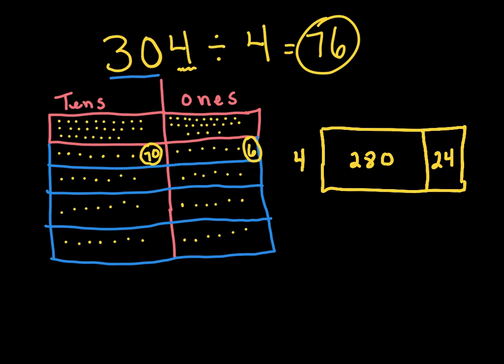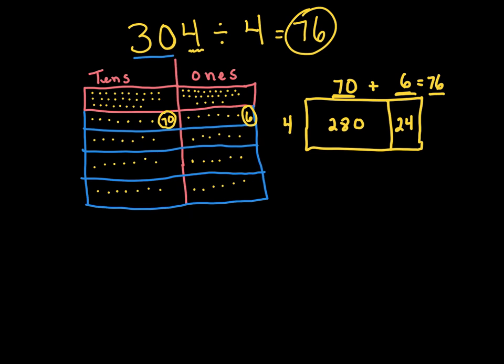That's our small section. So now we need to say 4 times what is going to give us 280? Well, 4 goes into 28 7 times. Bring your 0 up. 4 times what gives us 24? That's 6. So 70 plus 6 is 76.